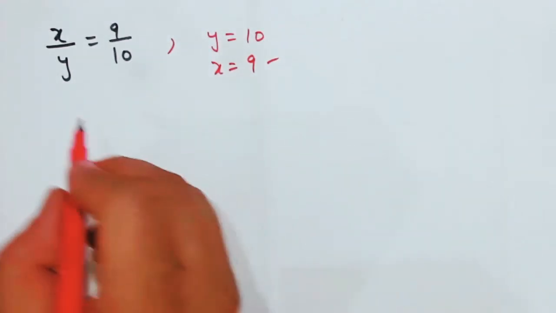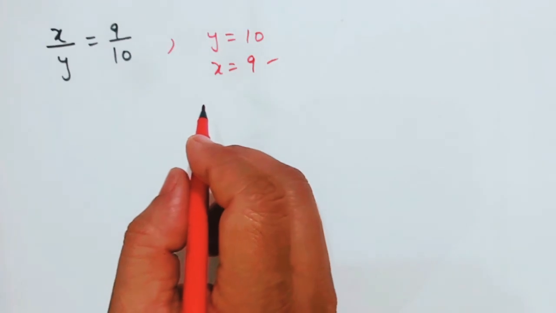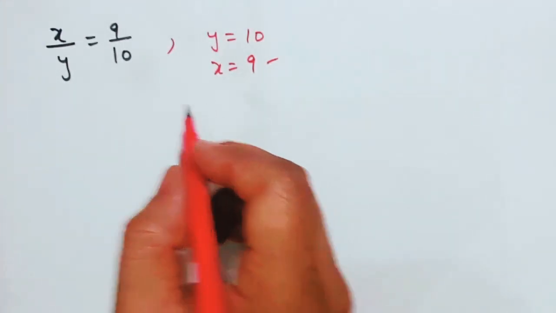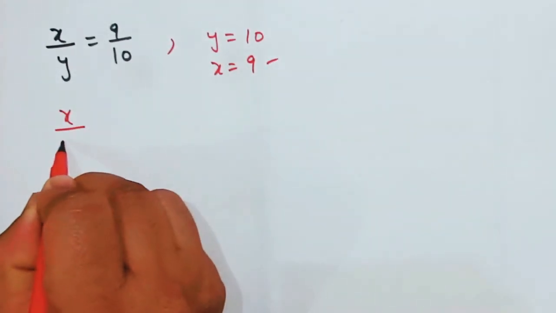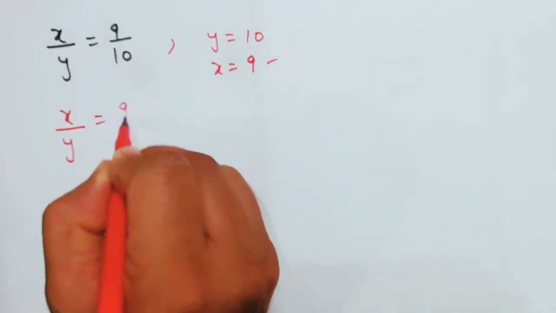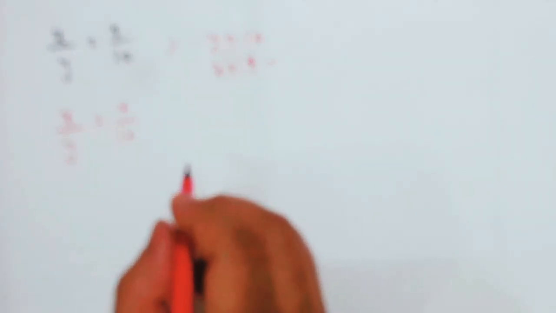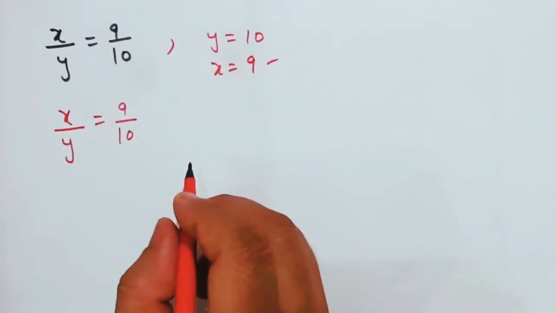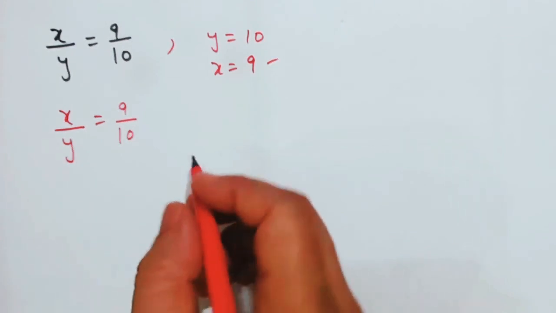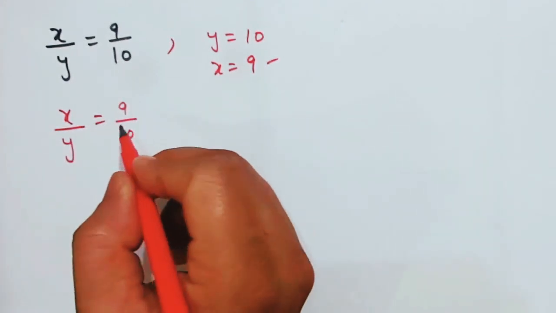Now again, they are not happy. They are saying that if x is equal to 27. See what value you got? You had got x by y is equal to 9 by 10. Now they are saying that if x is equal to 27, how can you make x is equal to 27?